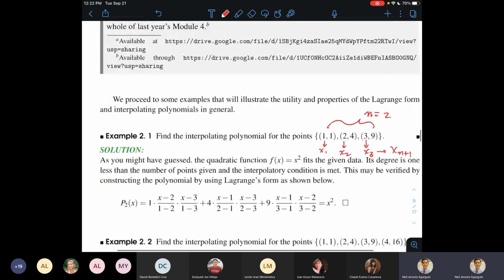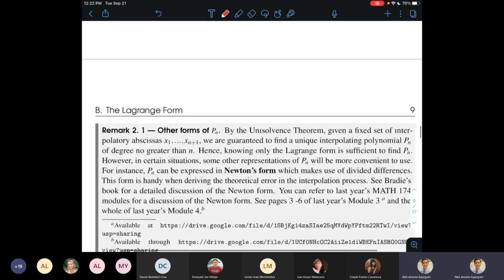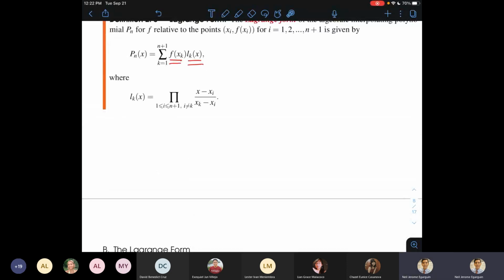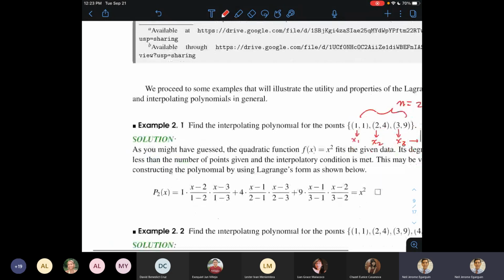So let's try to build the first Lagrange polynomial. Ito muna ang Lagrange polynomial. So here, k is equal to 1. So kailangan ko lang daw gawin, x minus lahat ng x sabay, maliban dun sa x1. Right? So I'll have x minus 2 over 1 minus 2. Kasi remember sa Lagrange ay yung denominator ay xk minus xj. Okay? Actually, hindi na nga siya L2 eh.